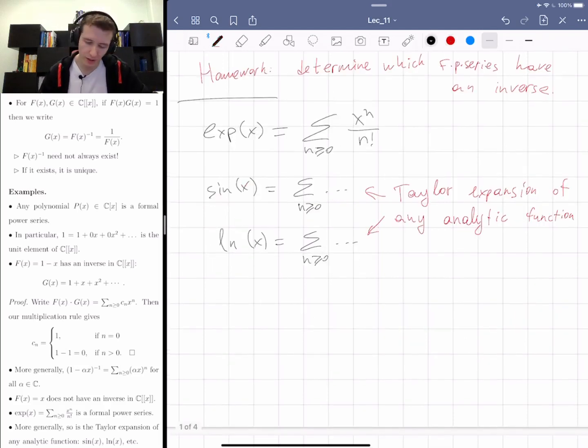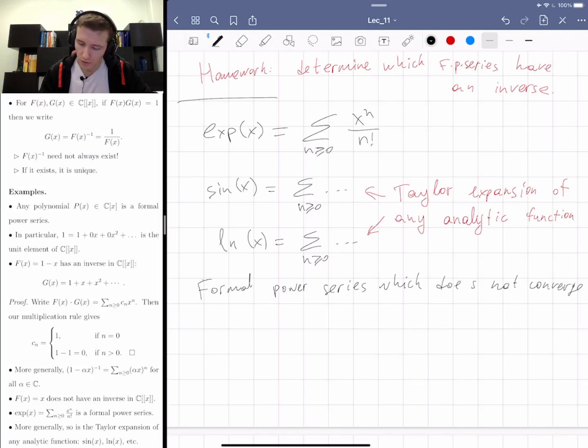Can somebody give me an example of a formal power series which does not converge for any non-zero x? 1 plus x squared over 2 plus x cubed over 3.